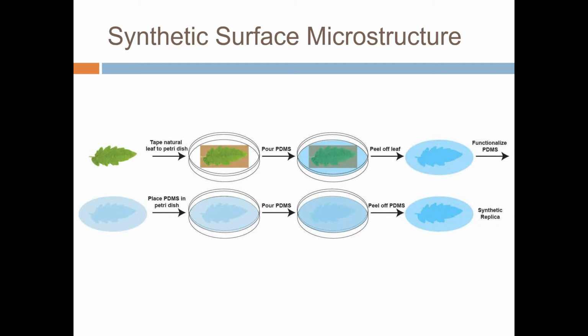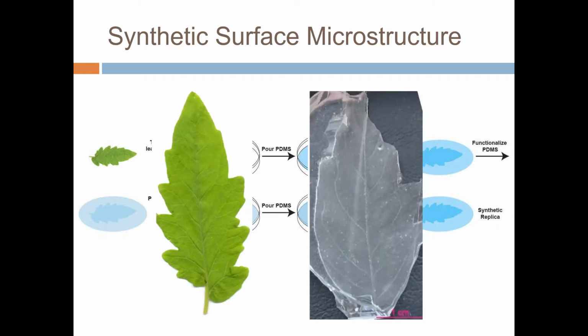You then cure the polymer, it solidifies, and when you remove the leaf, you get the mirror image of the structure, or if you will, the negative. So in order to get the actual structure, all you have to do is repeat the same process with a negative. But the cool thing about it is that the negative does not get destroyed during the process, so you can actually repeat the experiment with the same exact structure over and over and over again.